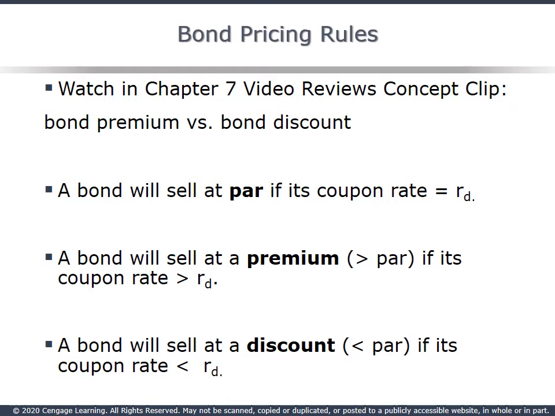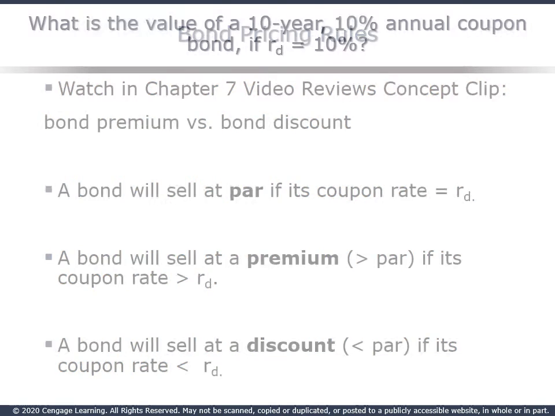And finally, a bond will sell at a discount, that's a price that's less than its par value, if its coupon rate is less than its yield to maturity. Let's look at some examples of that.